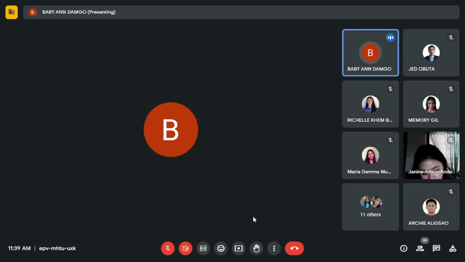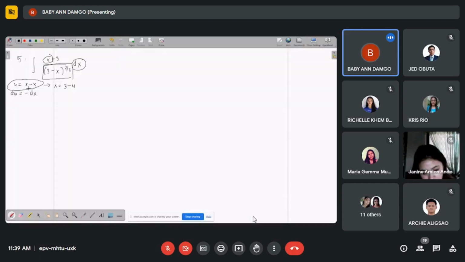As per our let u be equal to 3 minus x, we can use it: we transpose the x to the left side and the u to the right side, which is x is equal to 3 minus u.